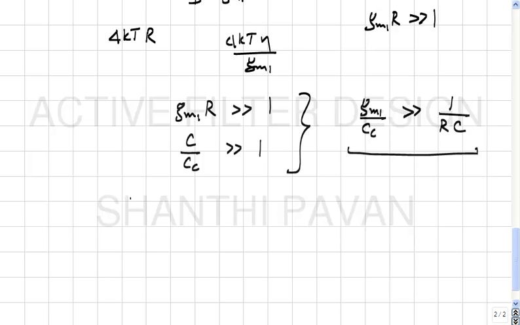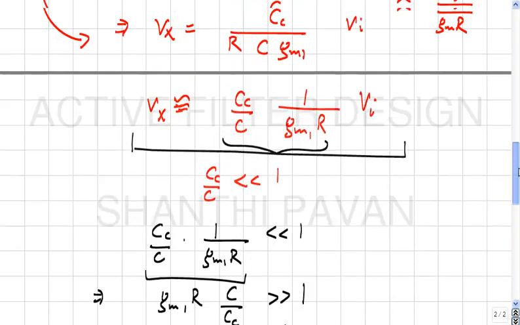So when compared to a single stage OTA, you are getting an additional benefit. If you try to compare this to a single stage OTA, it is equivalent to increasing the transconductance by C by CC. Does it make sense? Intuitively the argument is what I showed earlier, right.